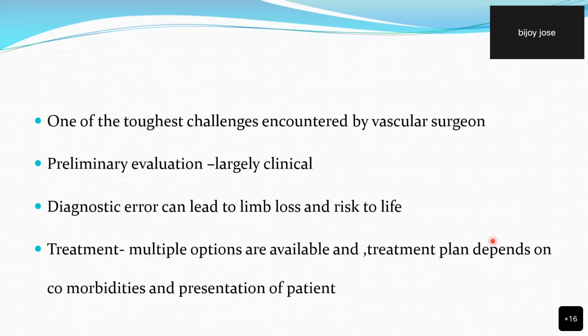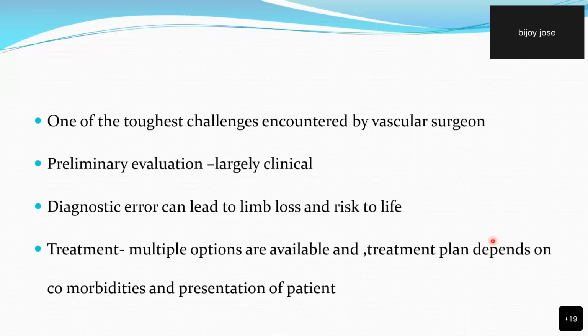This is one of the toughest challenges encountered by a vascular surgeon, and the preliminary evaluation is mostly clinical. Once a patient comes to us with the features of acute limb ischemia, the major decisions depend upon the clinical evaluation. And a simple diagnostic error can lead to limb loss and a risk to life.